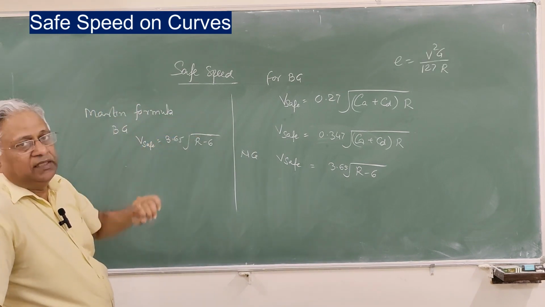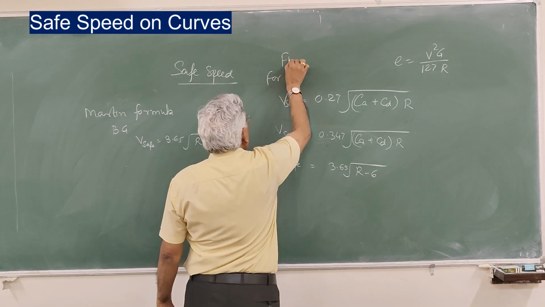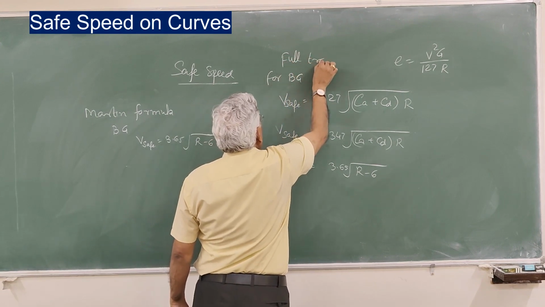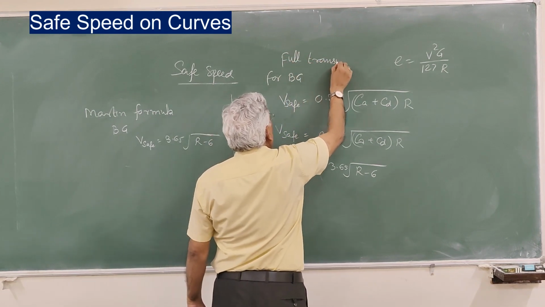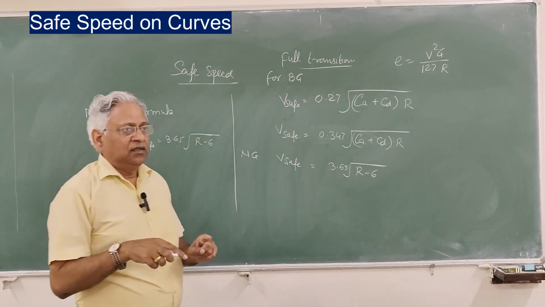Now, these are the speeds where you provide full transitions on both sides of the horizontal curve. What is transition?